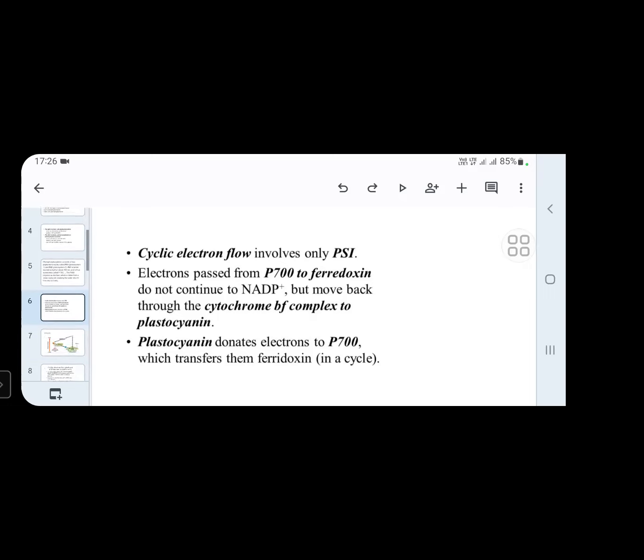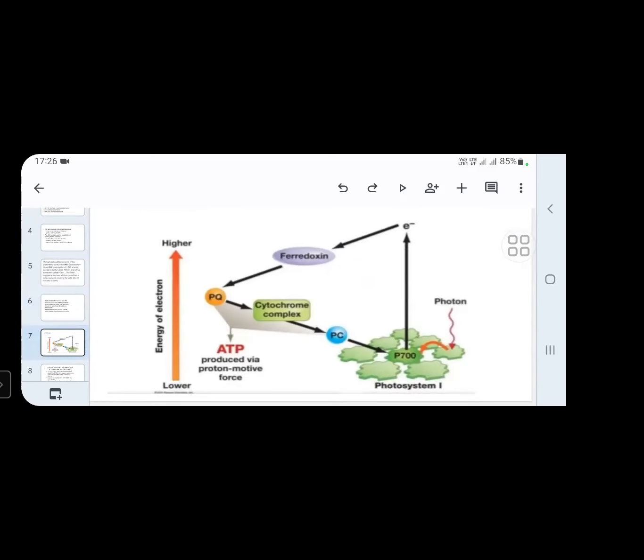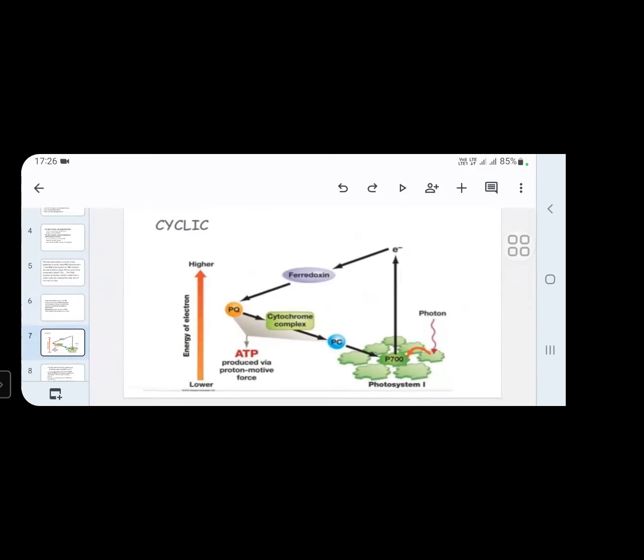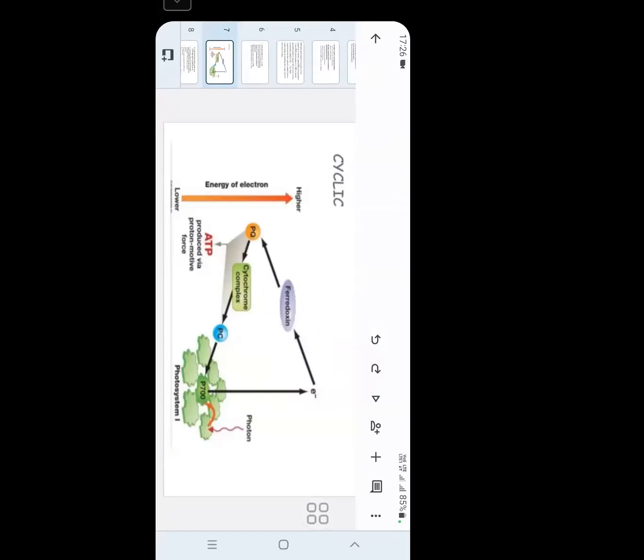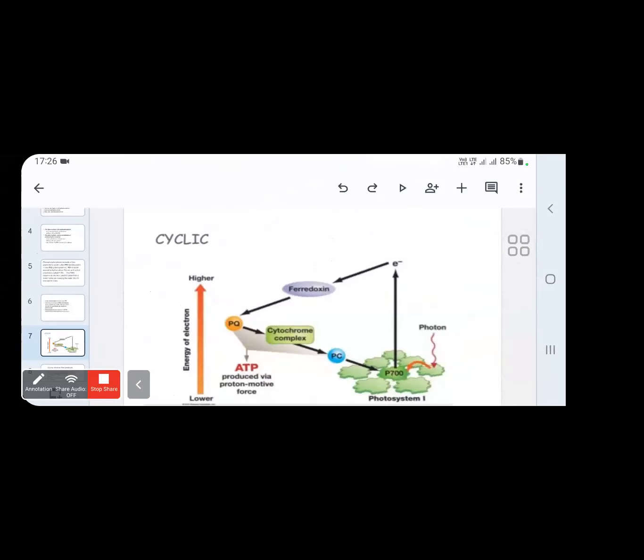This is the cyclic photophosphorylation. Cyclic photophosphorylation is very important. It provides a source of ATP. It starts when PS1 is activated.